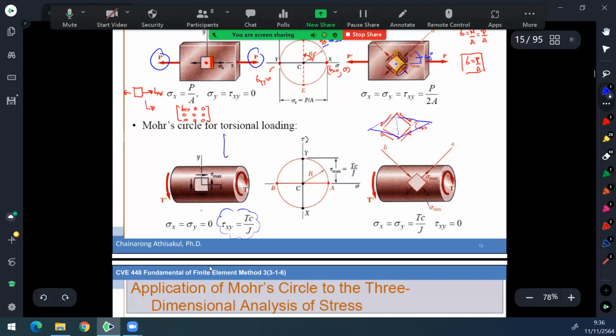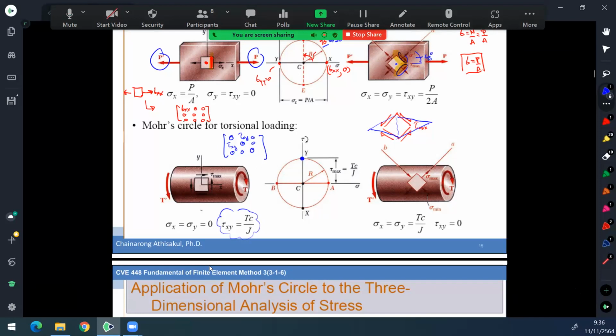So what does it mean? It means that the stress tensor becomes like this: normal stress becomes 0, right? And we have just only shear stress, that is called XY. And for another component, it becomes 0 also. Okay. And when we plot the Mohr circle, we have this point.